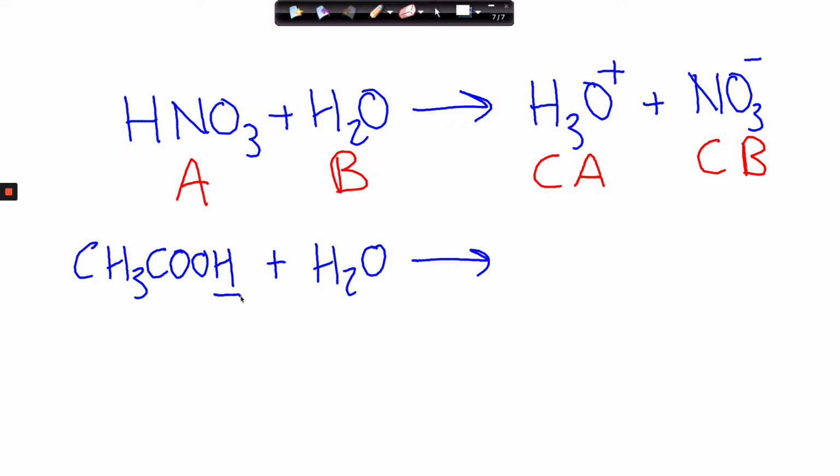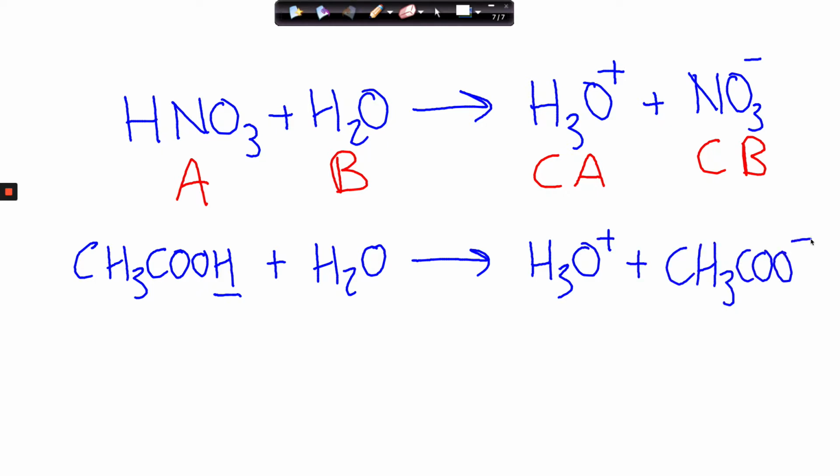So the hydrogen that comes off is the last guy. Now, where does that hydrogen go? To the water. So it forms H3O plus, and then the thing that remains is the acetate ion. Again, if you didn't know that was acetate, you've got work to do.